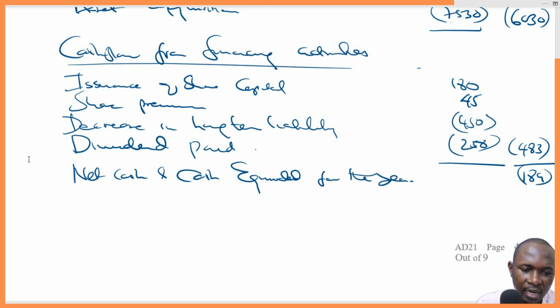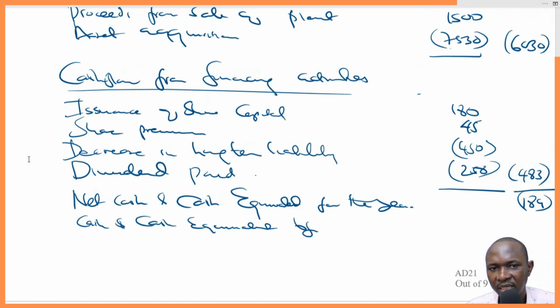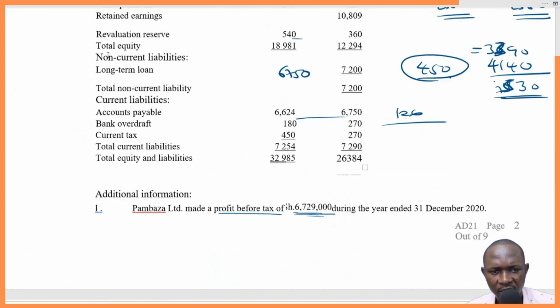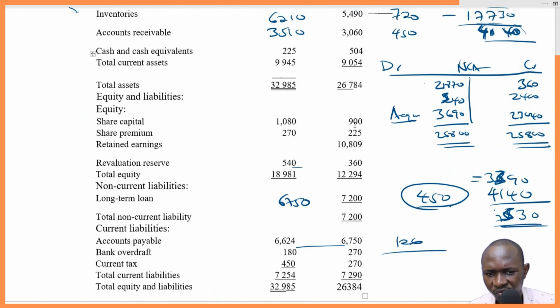And then we take cash and cash equivalent brought forward. Cash and cash equivalent brought forward is simply the cash and cash equivalent at the beginning of the year. Cash and cash equivalent, we have 504. Check if we have any overdraft.